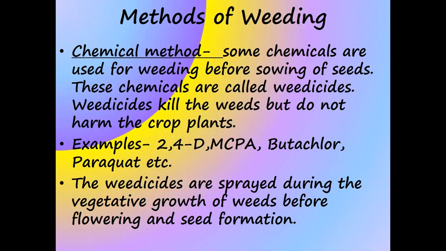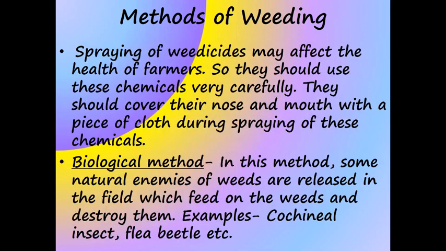Some examples of weedicides are 2,4-D, MCPA, butachlor, metachlor, paraquat, etc. The weedicides are sprayed during the vegetative growth of weeds before flowering and seed formation. Spraying of weedicides may affect the health of farmers, so they should use these chemicals very carefully. They should cover their nose and mouth with a piece of cloth during spraying of these chemicals.